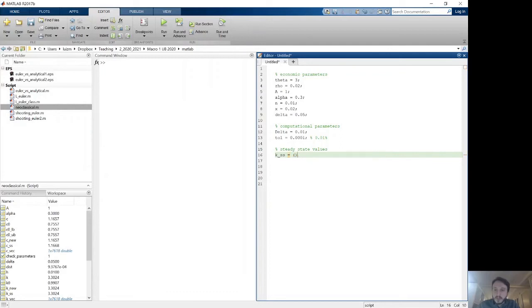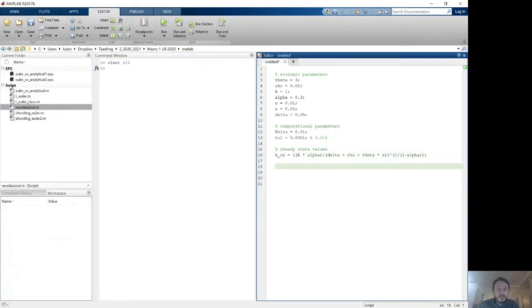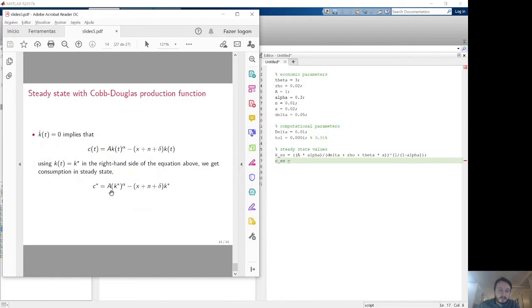We can do it like this. Okay, so if I run this, we have the value of K in steady state, 3.3. Let's also compute consumption in steady state, which is this here.